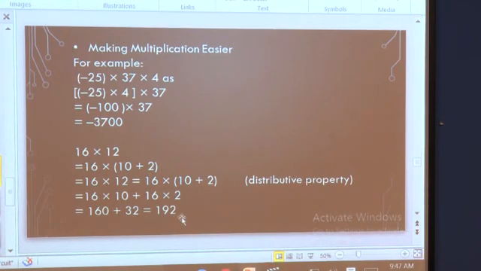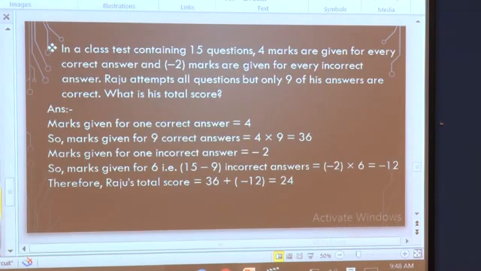What have we done here? We used the distributive property to solve multiplication sums, a very easy method. So children, you can write your own examples with any integers and whole numbers to solve. You will have practice of this type of examples from the exercise.